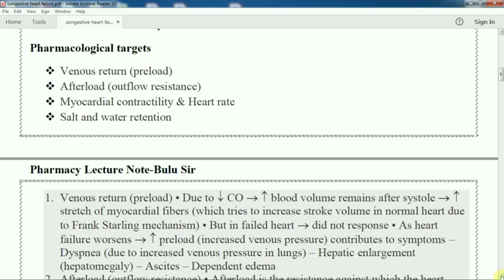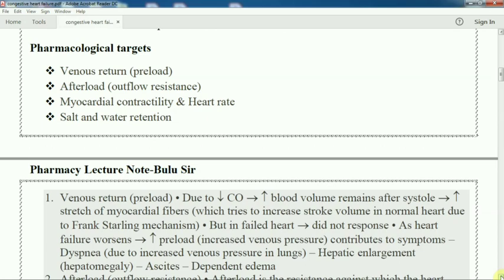As a result, it gives symptoms in other parts of the body, like the lungs, liver, or other tissues. So it causes dyspnea, hepatic enlargement, or edema.